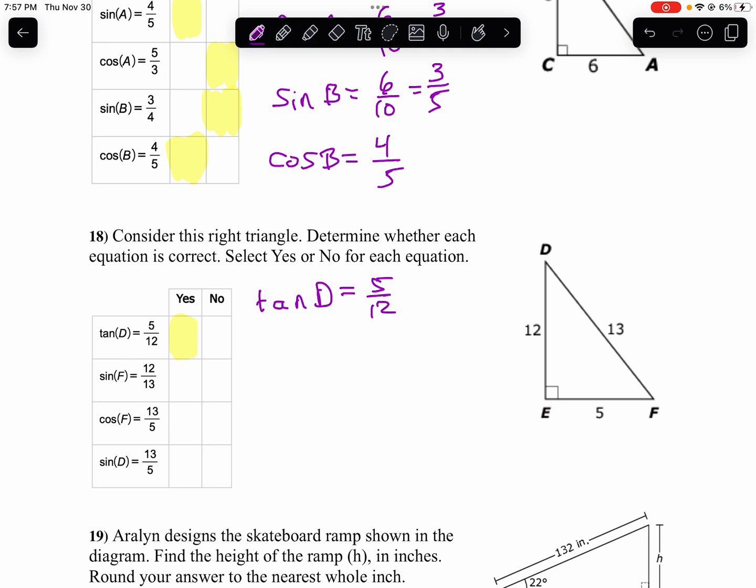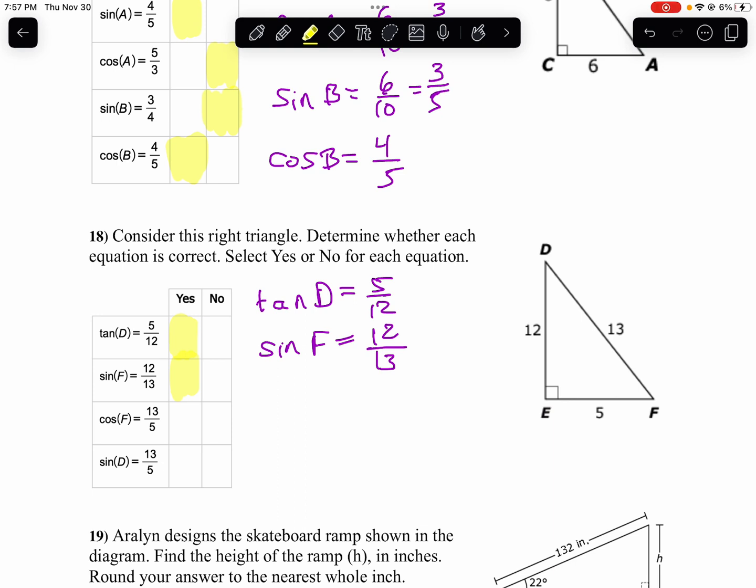Let's take a look at the sine of angle F. The sine of angle F is the opposite of F, which is 12, over the hypotenuse, which is 13. So that one is correct also.